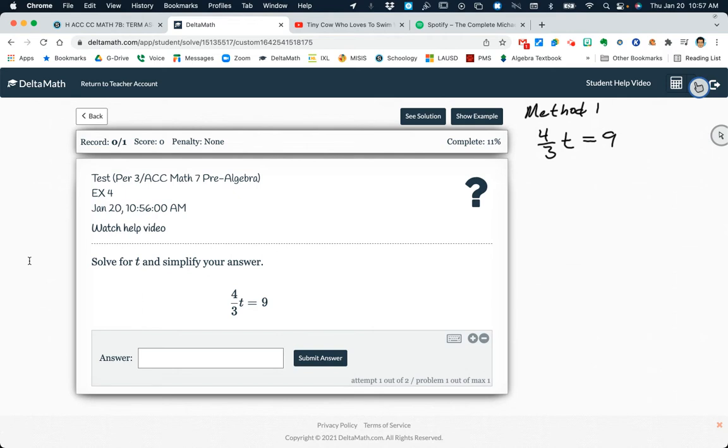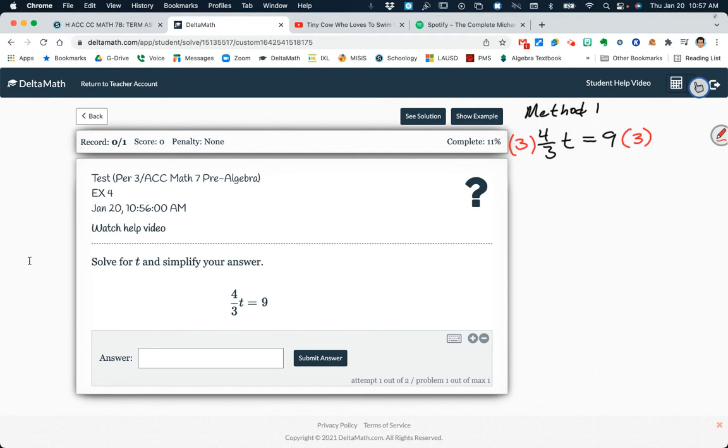What's my denominator? 3. So the first thing I want to do is get rid of the 3 in 4/3. Think of it as division. So I'm going to multiply by 3. Whatever I do on one side, I have to do on the other. That's the transformation rule.